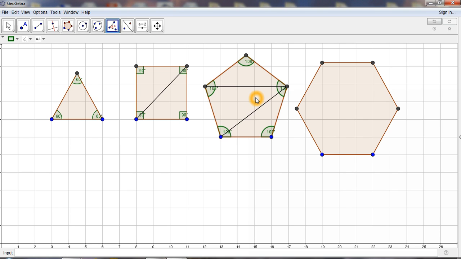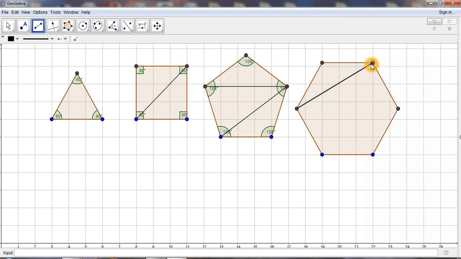We can also use the same procedure for the hexagon. You can divide the hexagon into enclosed triangles, then the number of triangles in the hexagon will be multiplied by 180 degrees to get the sum of interior angles of our hexagon. Get the line segment. From there, we draw from this point up to here.